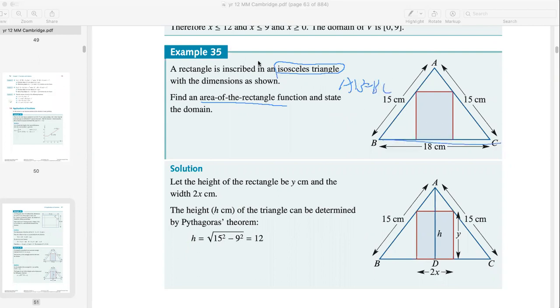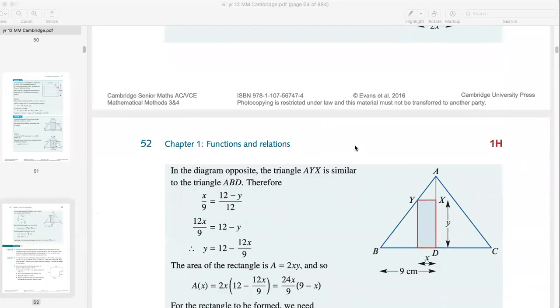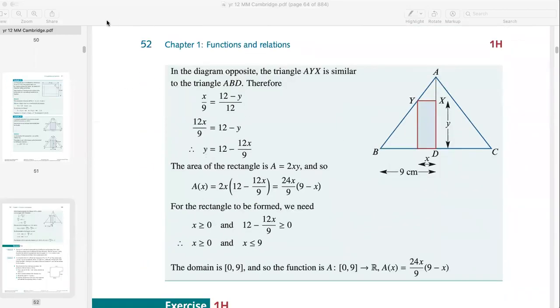And for this one, I think you have to use the similar triangle properties to get the values of the things you want, like the y value, and then you can make your area dependent on only one variable, which here is x, okay?